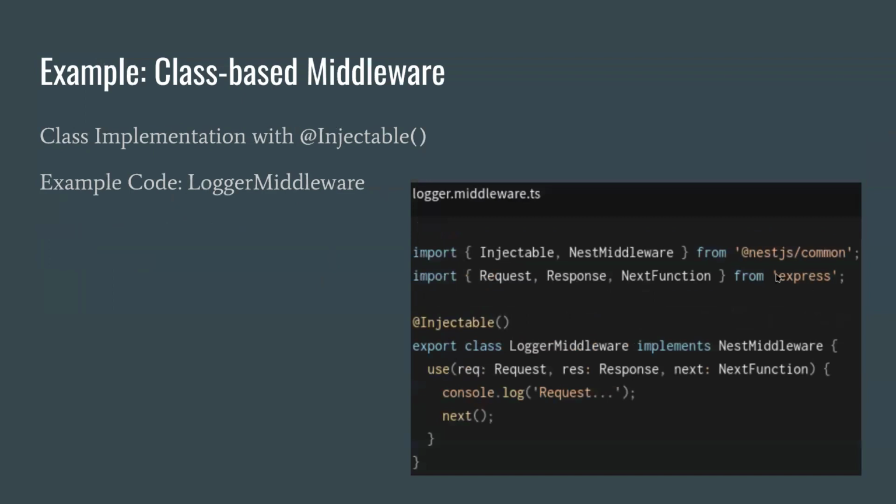A class-based middleware example. Let's look at an example of implementing middleware using a class. Here is an example of creating a logger middleware class that logs incoming requests. This middleware will be defined in a TypeScript file, logger.middleware.ts, and the class will be decorated with Injectable, which makes it part of the NestJS dependency injection system.